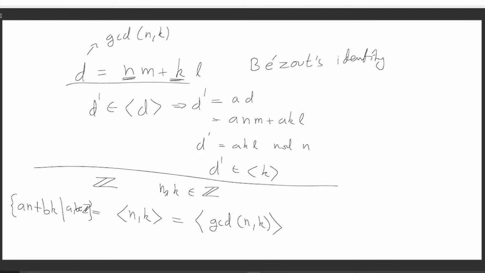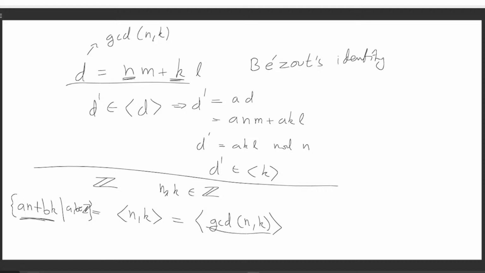Because these are equal, this GCD must be an element here, which means it is of this form. So Bezout's identity also follows from that proof. It's exactly the same thing, just that you consider ideals instead of subgroups. You have questions?